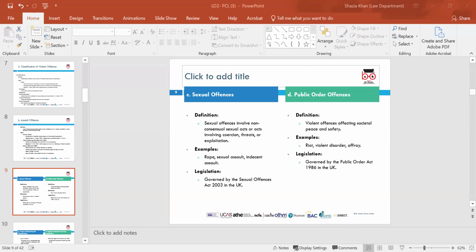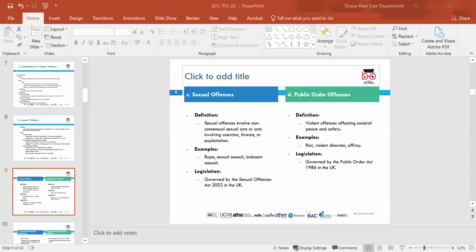Crimes can occur between strangers, friends, acquaintances, current or ex-partners, or family members. The passage of time does not prevent the effective prosecution of sexual offences, and an increasing number of cases have come to the CPS in regards to allegations. The legislation that governs that is the Sexual Offences Act 2003.